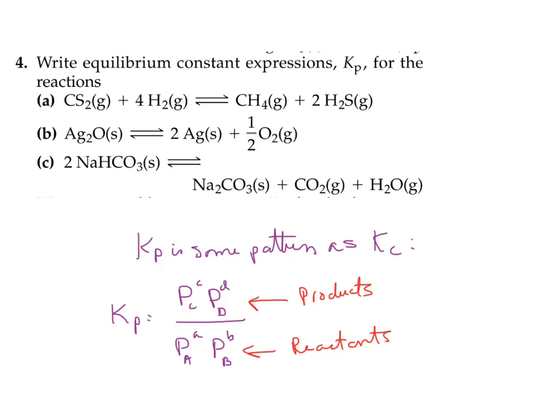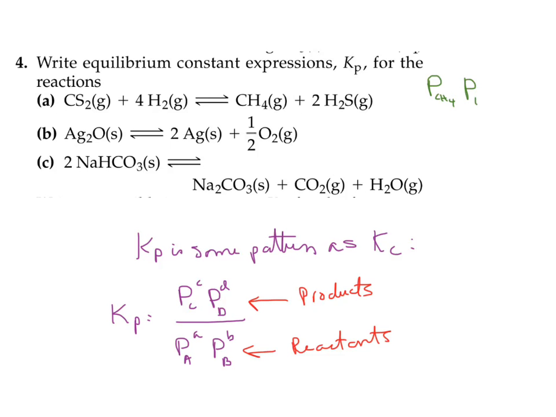That's a good question. I think you have to write the whole thing. So in your numerator, it's going to be the partial pressure of CH4, like little subscripts, yep.